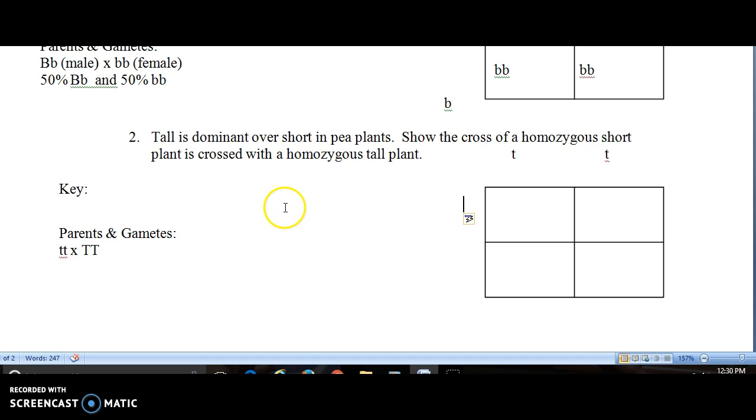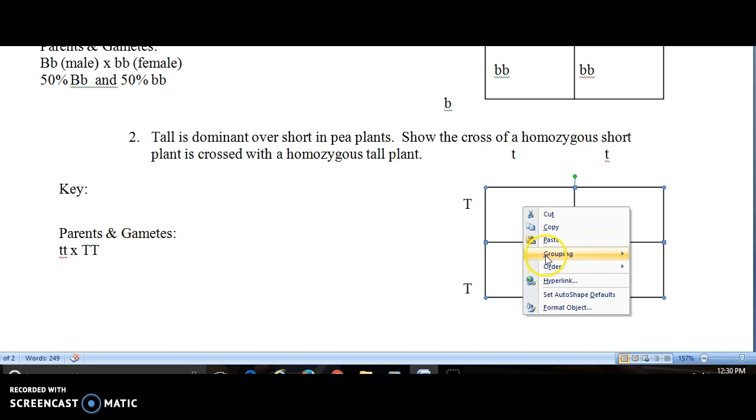We could put one capital letter there, and the other capital letter there. So one code on the side and one code on the top. And then if you go into the square, remember you take the letters from the top and the sides of the square and you put them into the boxes.